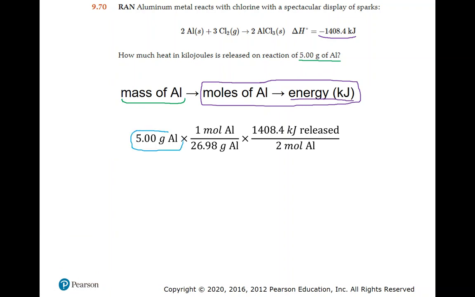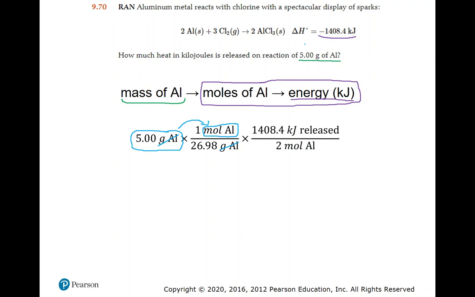We have 5 grams of aluminum, that just came out of the problem, and we're going to multiply that by 1 mole of aluminum divided by 26.98 grams, because that way grams will cancel, leaving us with moles, which is where we want to be once we are going to then use the enthalpy change for the reaction.